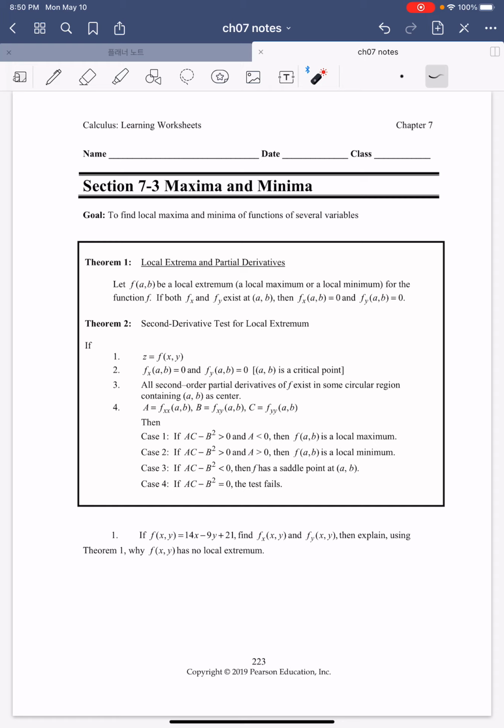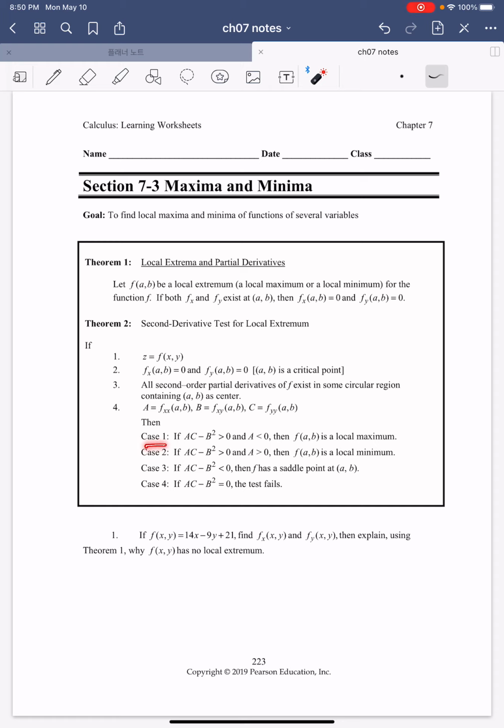So we are going to take the first order partial derivatives, set them equal to 0 to find the critical point. Take the second order partial derivatives to find the values a, b, c, and plug them into the formula ac minus b squared to check which point is a local max.